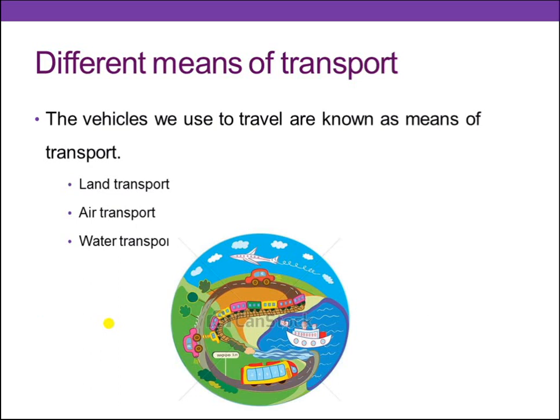Next, let's see different means of transport. The vehicles we use to travel are known as means of transport, isn't it? Yes. Under this means of transport, there are three modes: land transport, air transport, and water transport. Let's see one by one.